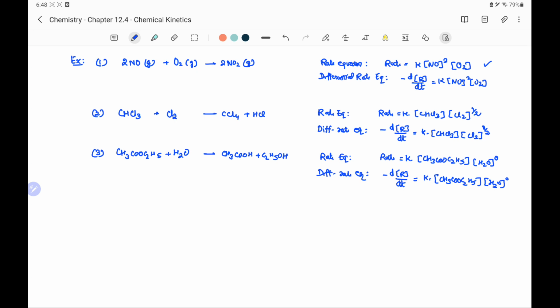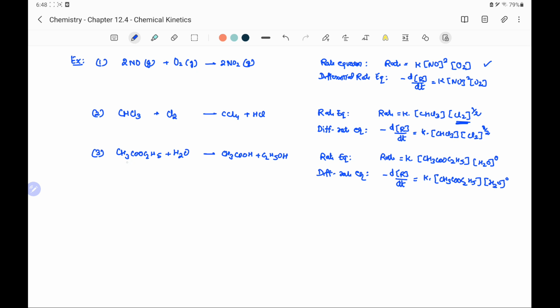For example, in example 2, CHCl3 plus Cl2 gives CCl4 plus HCl, and the rate expression is rate equal to k[CHCl3] raised to power 1, and here the concentration of Cl2 is raised to power half. So this value is experimentally determined, and this is not equal to the stoichiometric coefficient of the reactant.